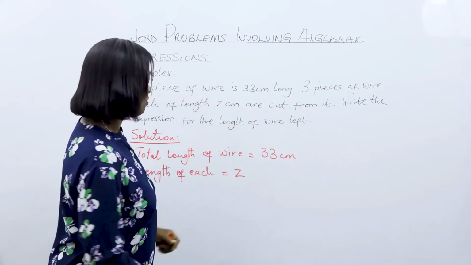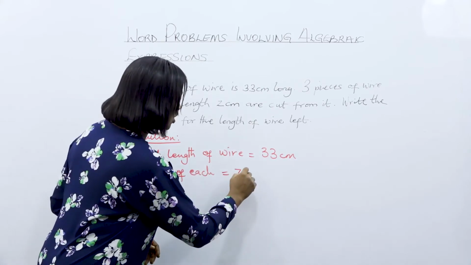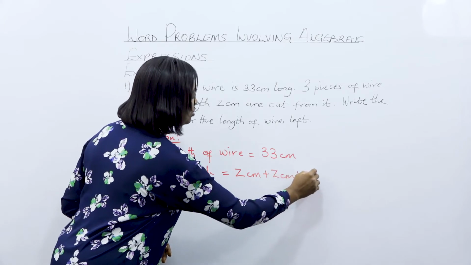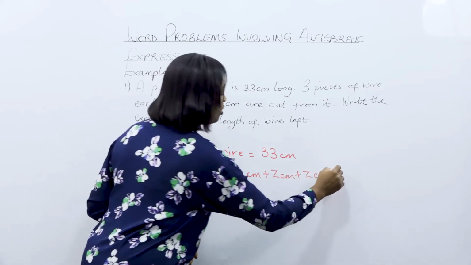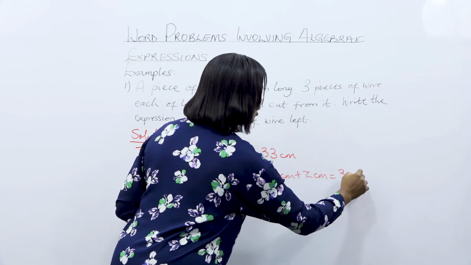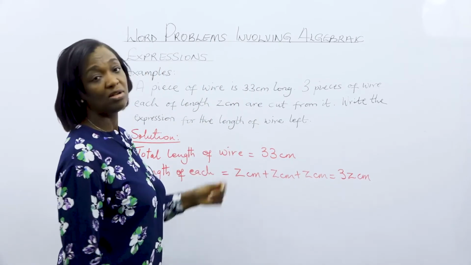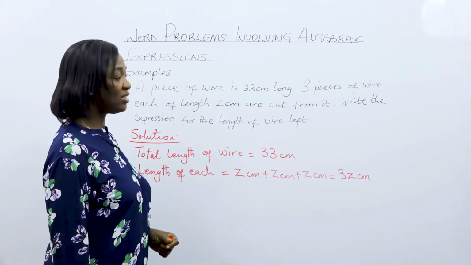So if there are 3 of them cut out, z centimeter plus z centimeter plus z centimeter becomes 3z centimeters. So a total of 3z centimeters have been cut out from the length.